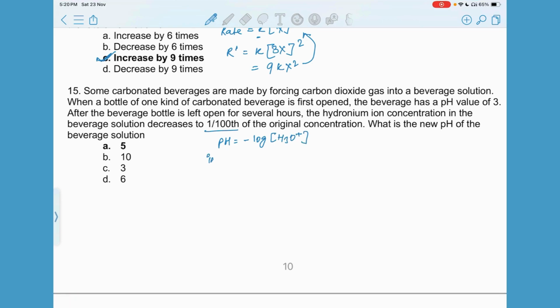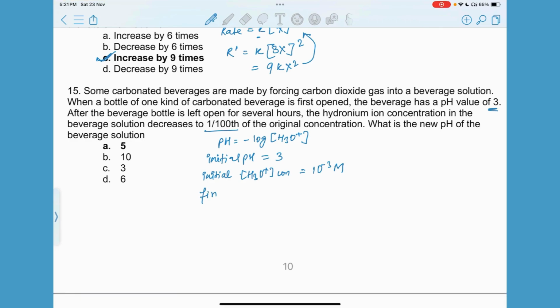So initially the pH given to us is 3. So the initial hydronium ion concentration from this will become 10 to the power minus 3 molar.